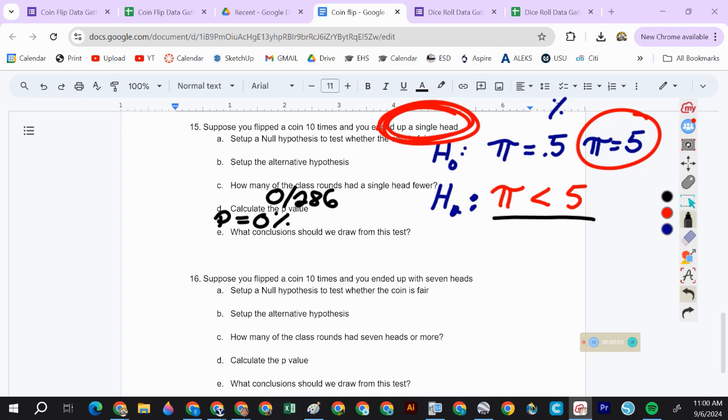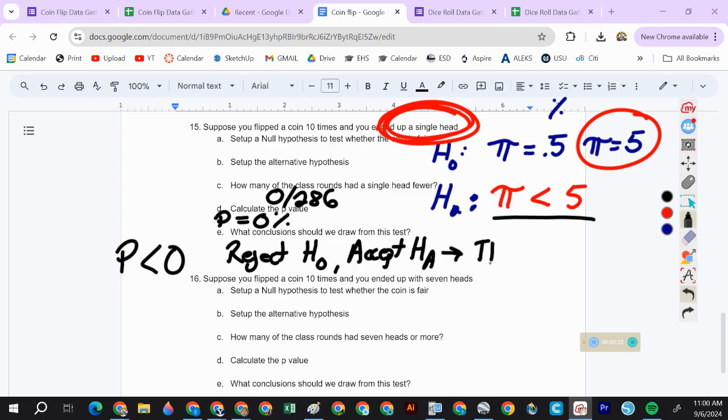But my p-value is less than 5%, which means reject H naught and accept HA, which means we throw out the coin, essentially. Does that make sense? That's how a hypothesis test works.